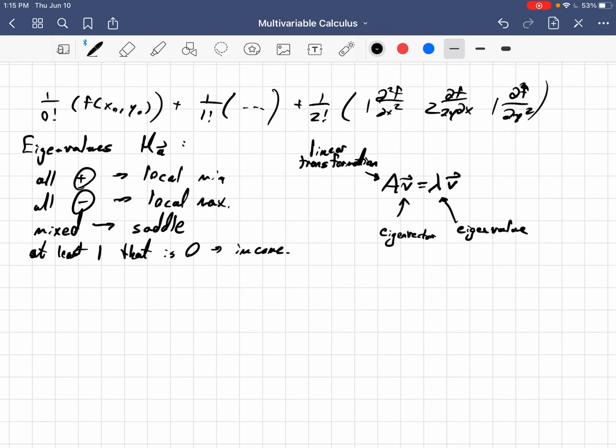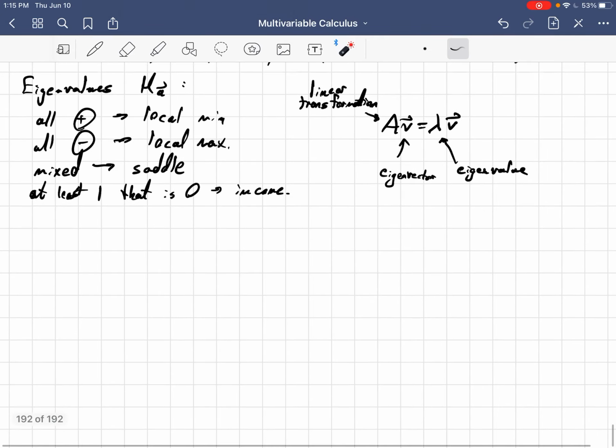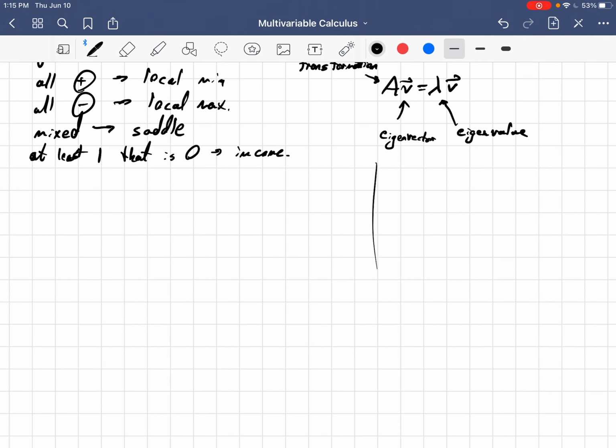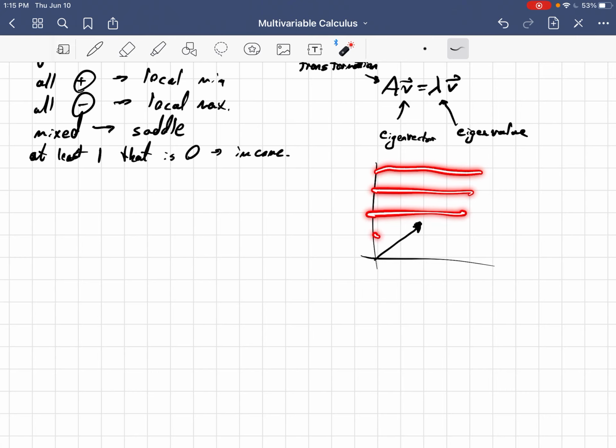So what this equation is saying is that when I have a linear transformation, say this is in 2D, just for the case of me drawing it, and we consider a point in space, which we could think of as a position vector with its tail at the origin. Now, if I apply the linear transformation to this space, right? So right now, grid lines are parallel, and they're evenly spaced, say, by 1.